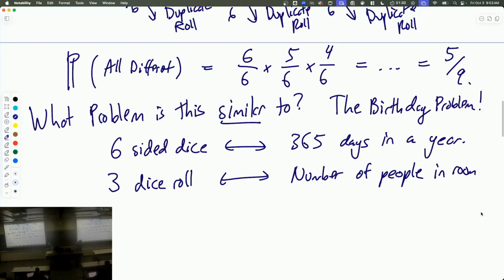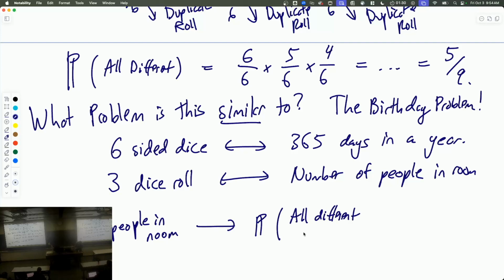And so in fact, if you do it with 23 people in the room, if you calculate it out, the probability of all different birthdays is just under 50%.